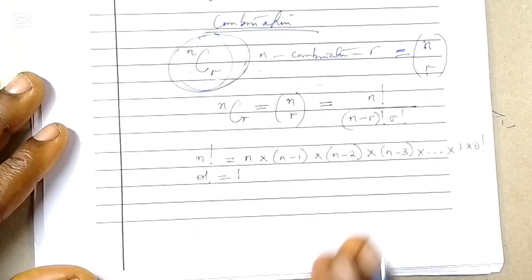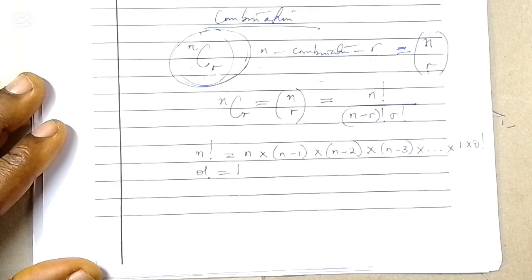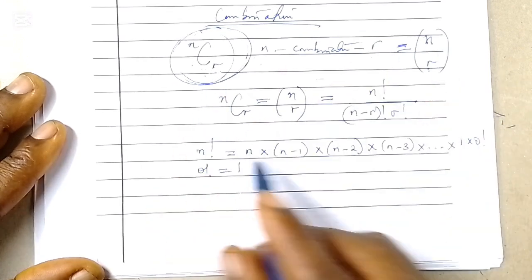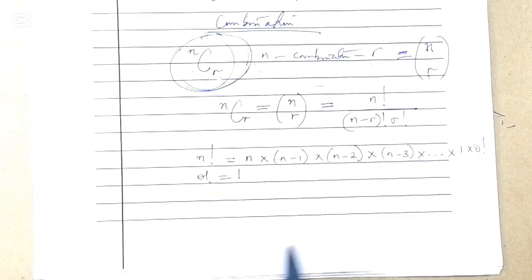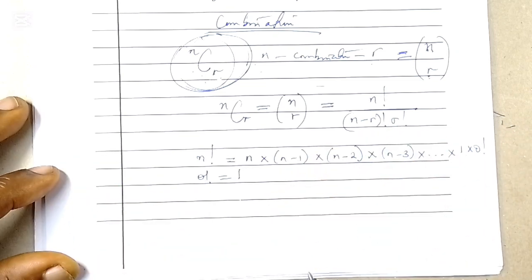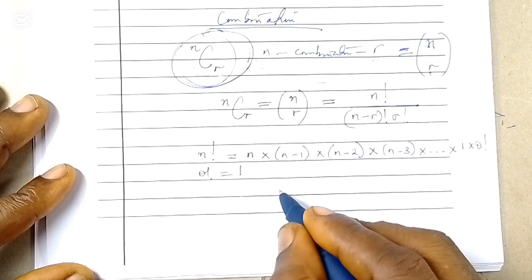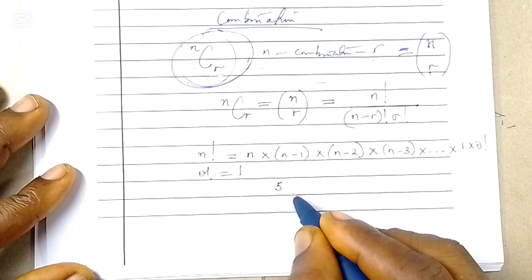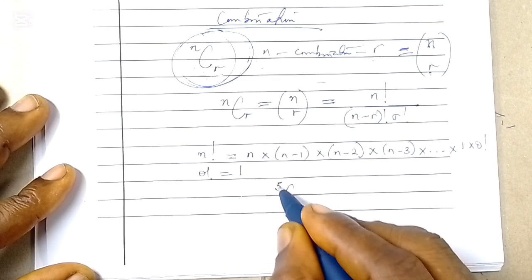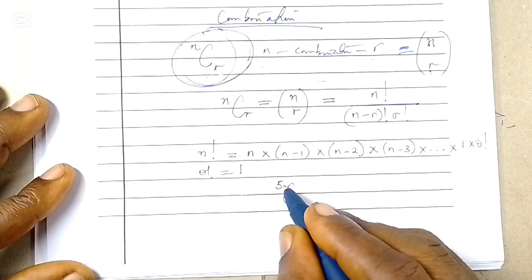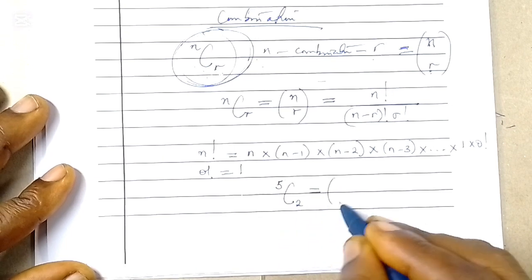So, let's now use actual numbers to do what I'm showing you here. Just in case you are new to combination and factorials, this will help you because we need it in explaining binomial expansion before rounding up this class. If I ask you to select 2 objects from 5, it will mean 5 combination 2.